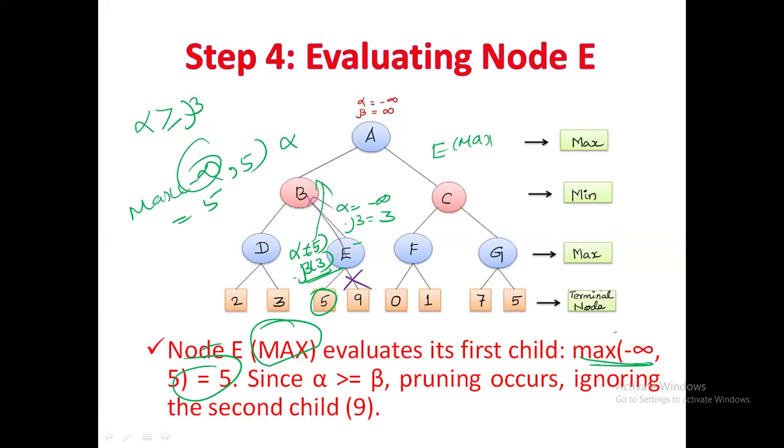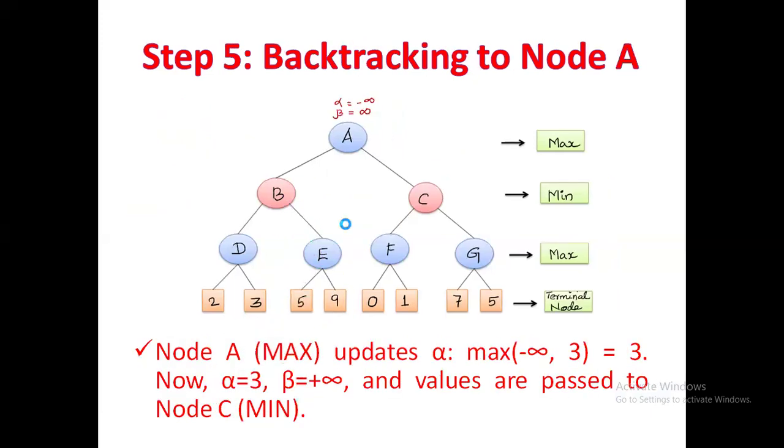Next step is evaluating node F. Next, backtracking to node A. This value will be backtracked to node A. After evaluating both the children, node B, the minimizer, selects the minimum of 3 comma 5, equal to 3, and returns 3 to node A. Now A, the max node, updates alpha to the maximum of alpha, that is minus infinity comma 3, which is equal to 3.